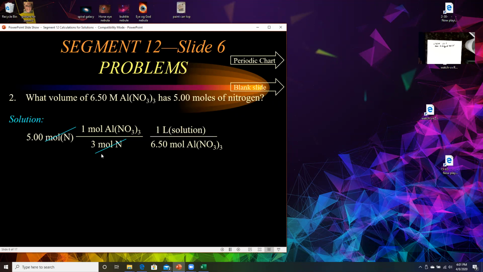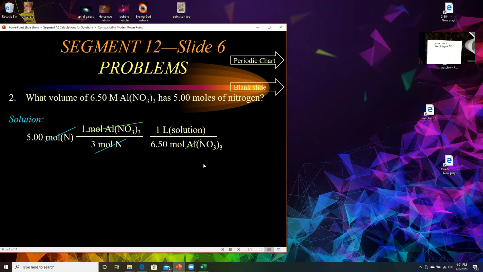I would have canceled these out, but now I'm just going to string my factors together. And remember, I told you molarity was a ratio of 2 numbers. So I can convert from moles to liters just using the molarity. There's 6.5 moles of the aluminum nitrate in 1 liter of that solution.